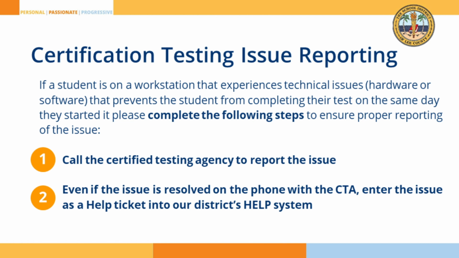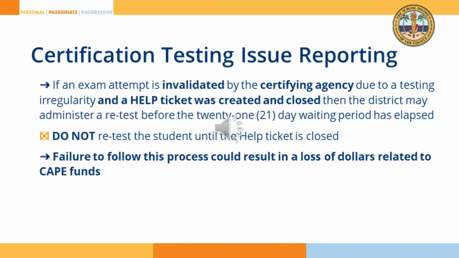And once the ticket is closed, you will be notified if the student may retake the exam within the 20-day period. If an exam attempt is invalidated by the certifying agency due to a test irregularity and you submitted a help ticket to the district, then you will be notified when that help ticket is clear and you will be given permission to test the student before the 21-day wait period has lapsed.